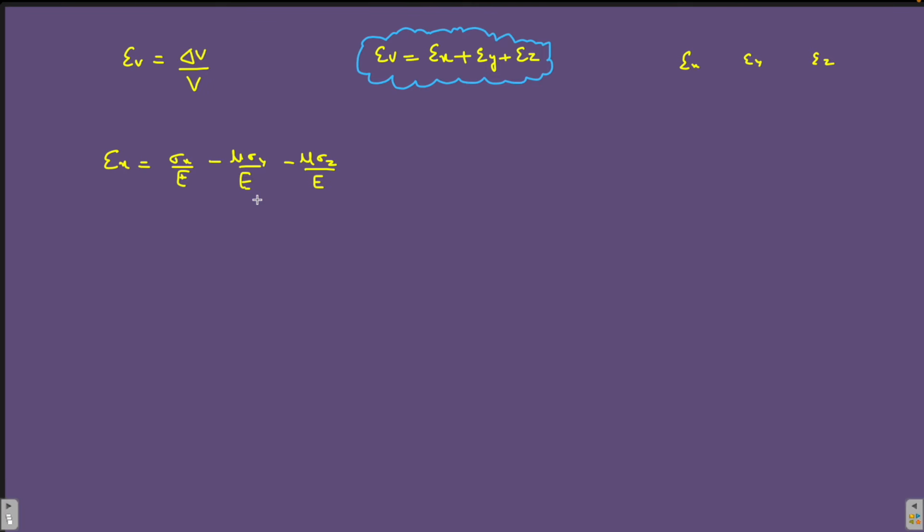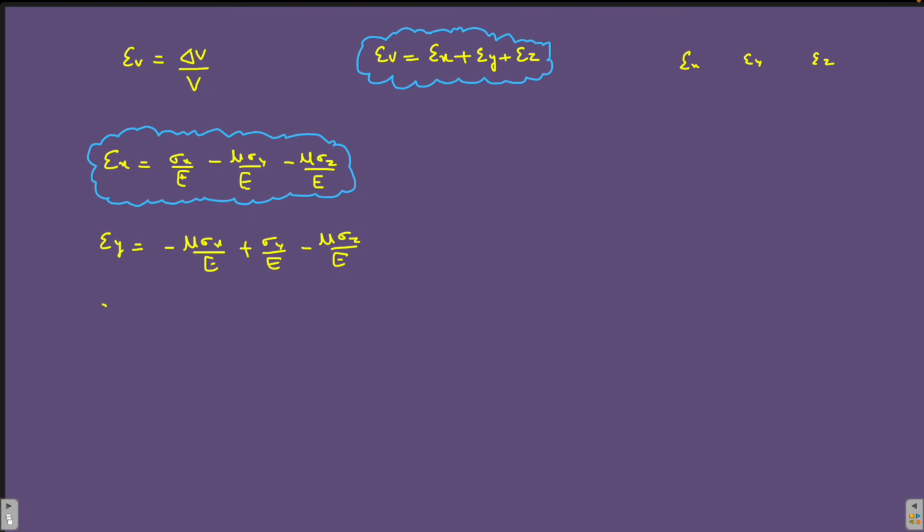In this formula, sigma x, sigma y and sigma z are tensile in nature. So this is again one of the important formulas which we are going to put in order to find out strain in x direction. Now similarly, what is the strain in y direction? Strain in y direction is minus mu sigma x by E plus sigma y by E minus mu sigma z by E, right?